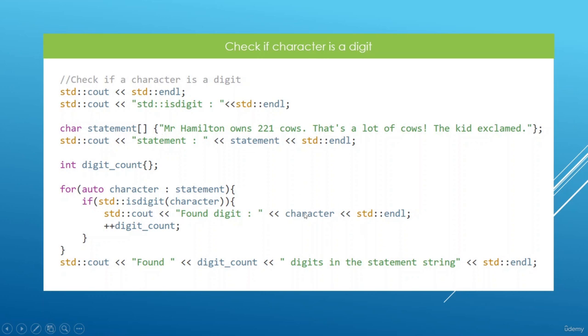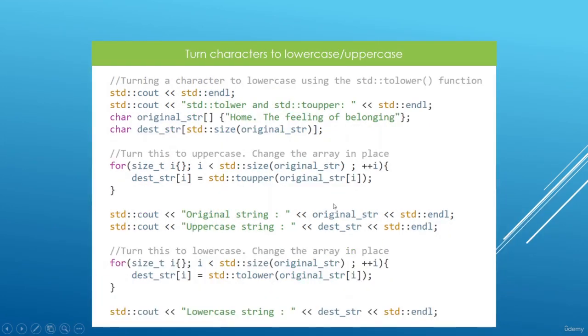It is this simple. The last example we're going to look at is to help us turn a character into lowercase or uppercase. And here is an example that is going to help us play with this. We're going to have a character array called home, the feeling of belonging, and we will set up a destination character array that we're going to store whatever we want in.